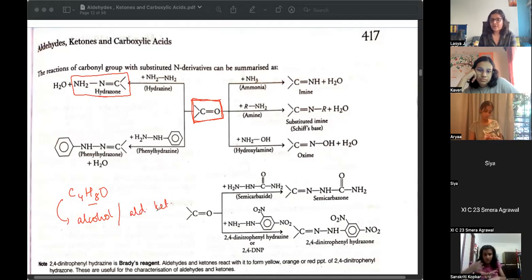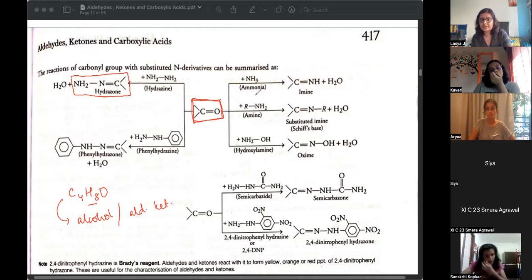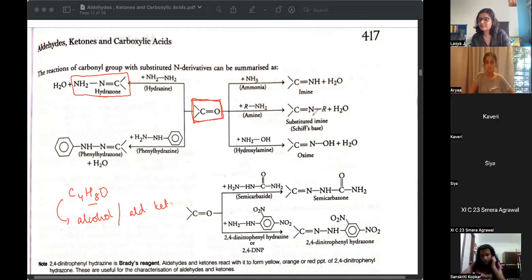And once you have that down, you figure out what else it is reacting with. I don't think we've come across reactions with amine derivatives in other classes of compounds. So if it's a reaction with hydrazine, amine, or ammonia, then you'll have an idea that this is the final product we're forming.